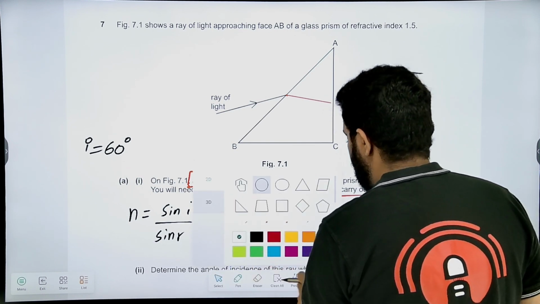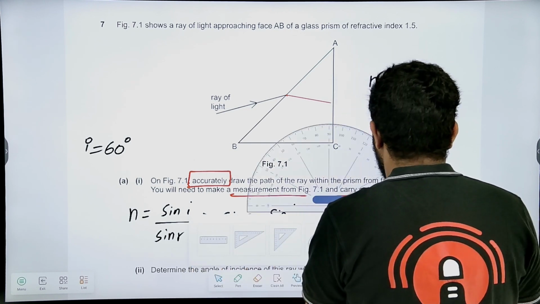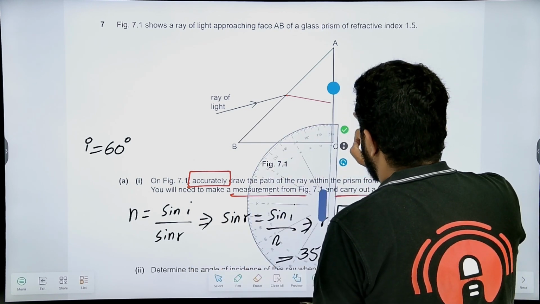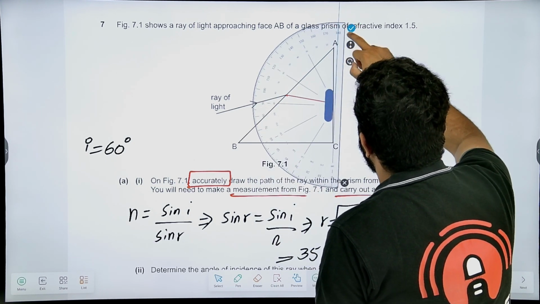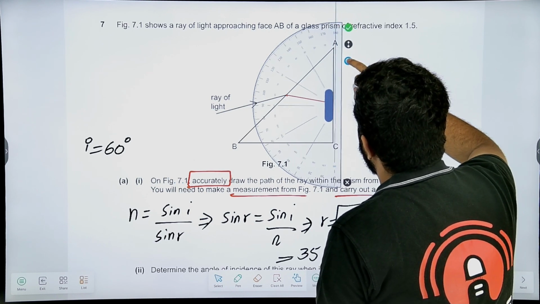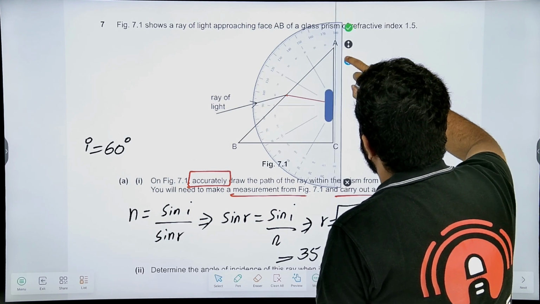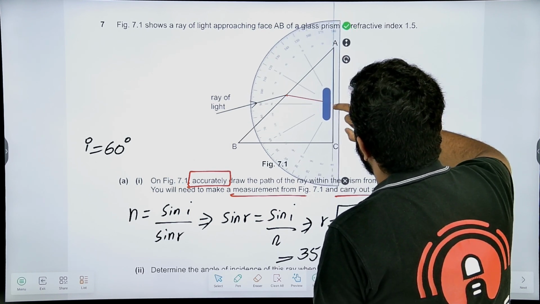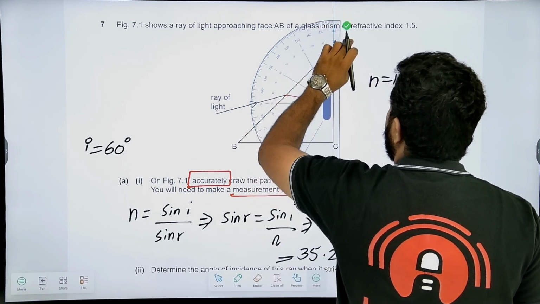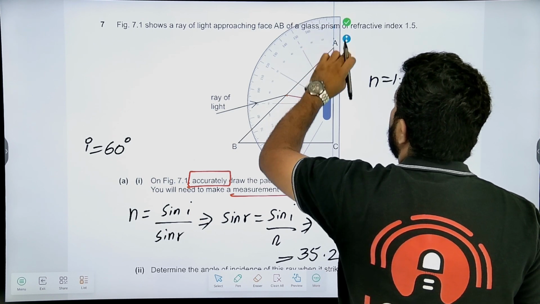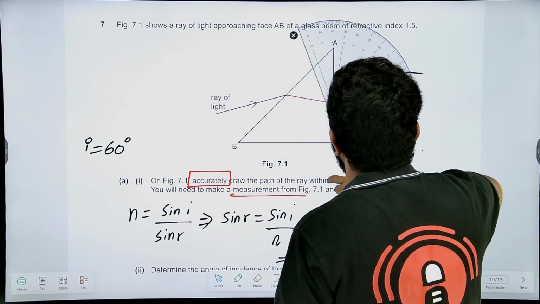I think this is taking too much of our time, but anyway, let's measure it. Okay, let's find out. I think this is the maximum angle we can go for.